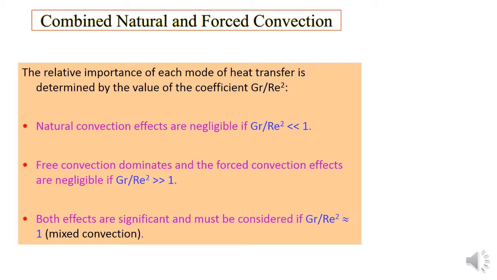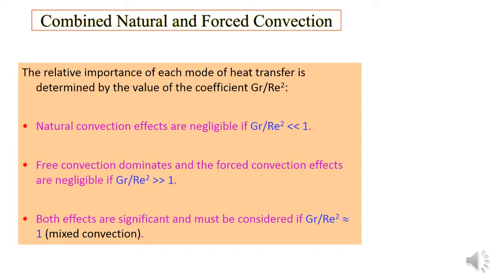Natural convection effects are negligible if the ratio of Grashof number to Reynolds number squared is extremely small compared to 1. Free convection dominates and the forced convection effects are negligible if Grashof number divided by Reynolds number squared is extremely large compared to 1.